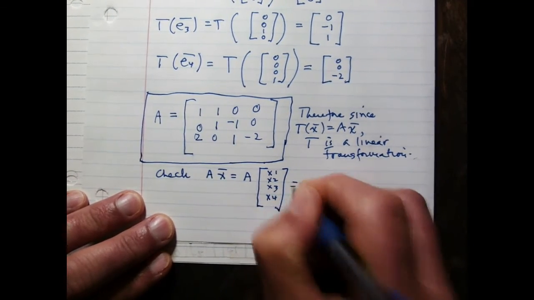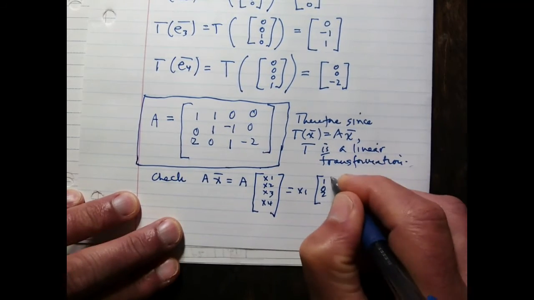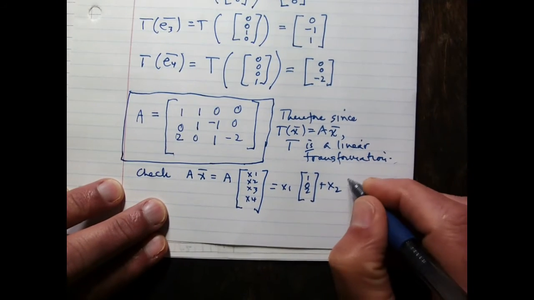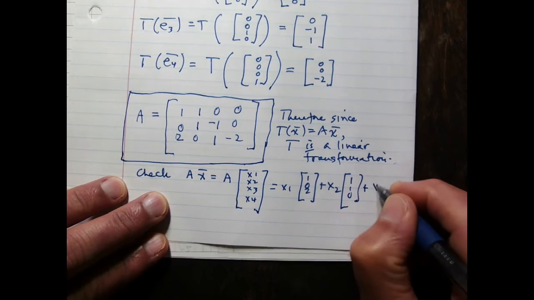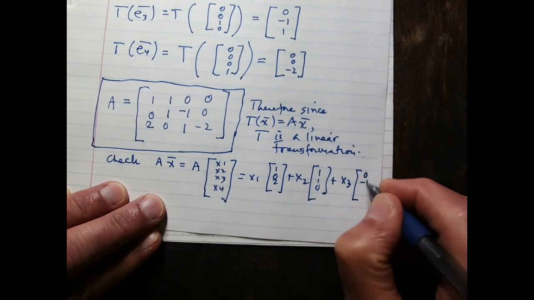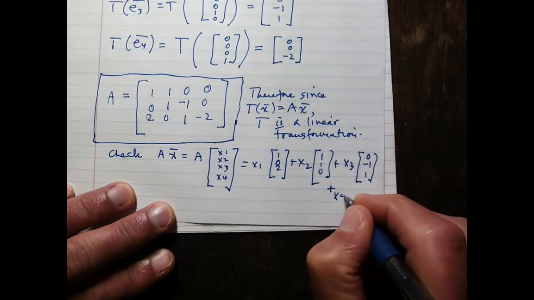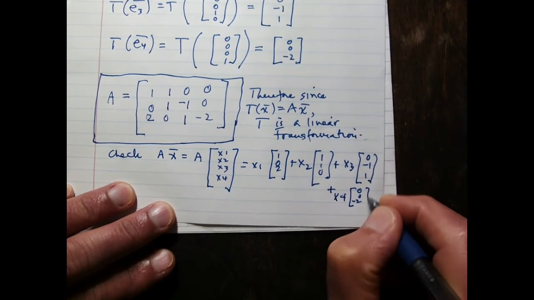That would be x1 times the first column, 1, 0, 2, plus x2 times the second column, 1, 1, 0, plus x3 times the third column, which is 0, negative 1, 1, plus x4 times the fourth column, 0, 0, negative 2.